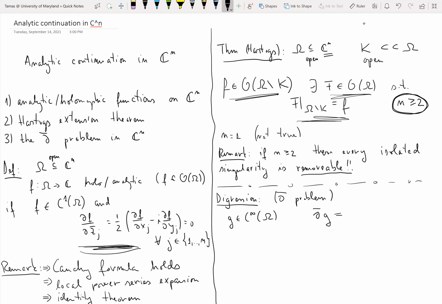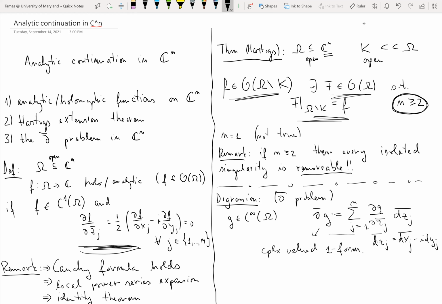So Delbar of g is nothing but the sum from 1 to n of del g over del z_j bar times d z_j bar, where d z_j bar is nothing but d x_j minus i d y_j. So what you're dealing with here is nothing but a complex valued one form. This is a complex one form that we write in this very specific form.